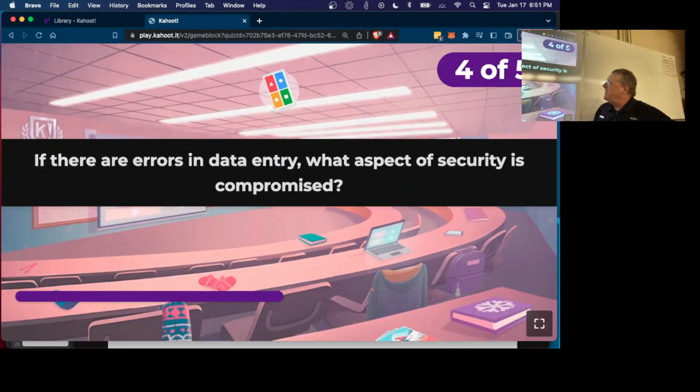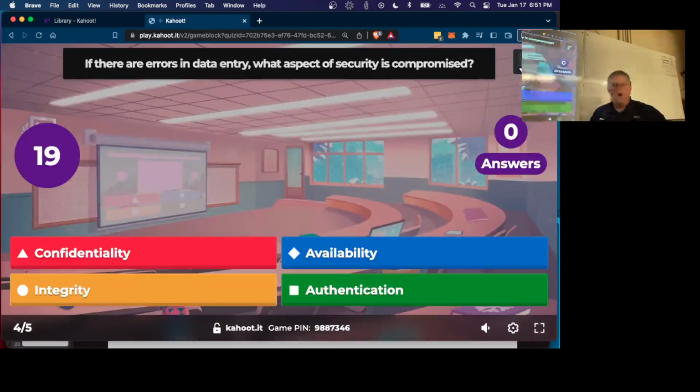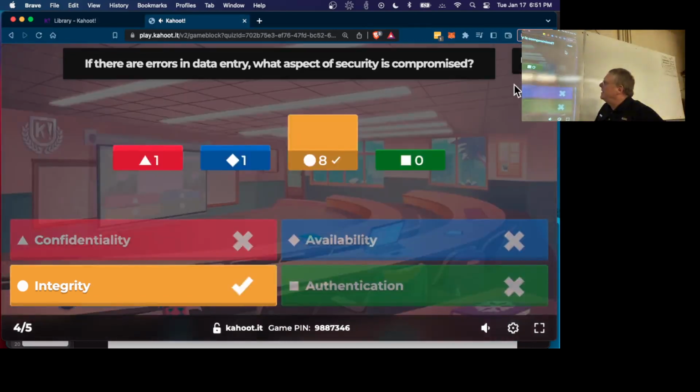All right, if you make errors in data entry, what's gone wrong? Yep, that's a failure of integrity. Good.